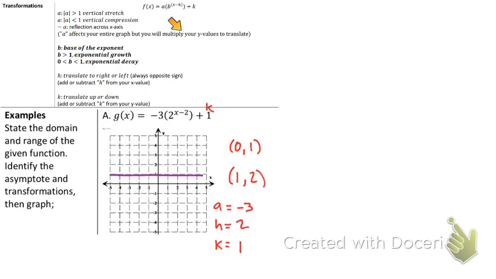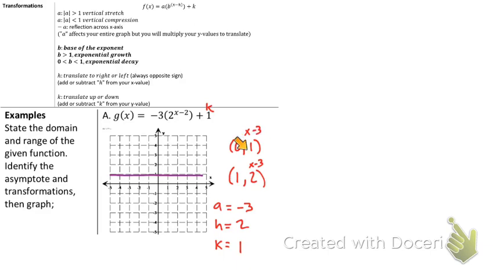How do I affect my original points? You're going to take your a value and multiply with your y values. So it's going to look like this. I'm going to multiply my a value with my y values. So I'm multiplying here by -3.